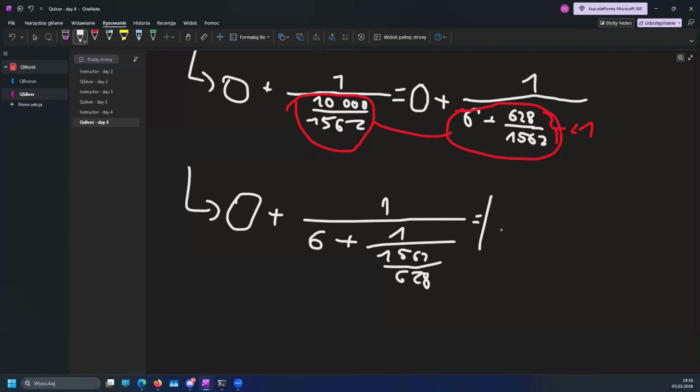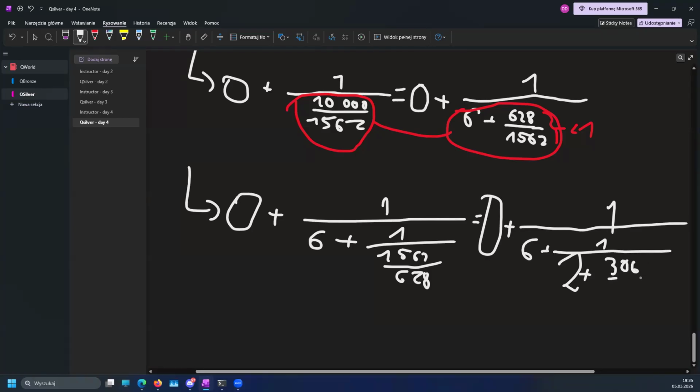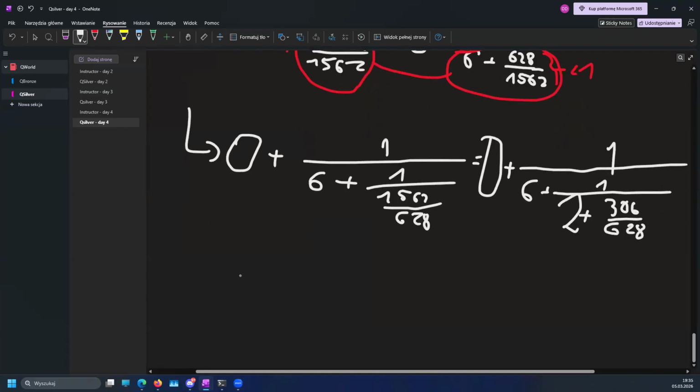So it will become 0 plus a big line 1 divided by 6 plus 1 a bit smaller line. Here we will get 2 plus 306 divided by 628, yes. And so on, yes.